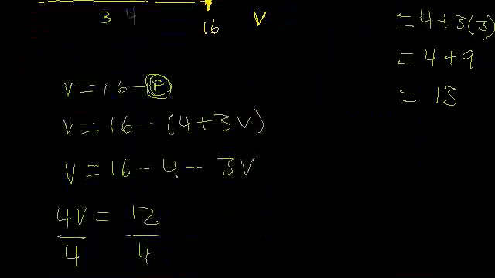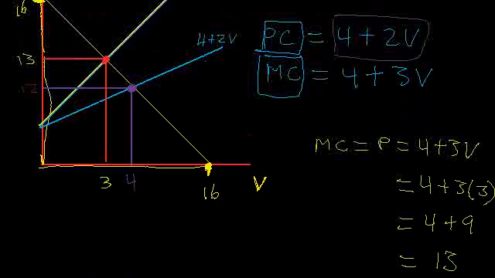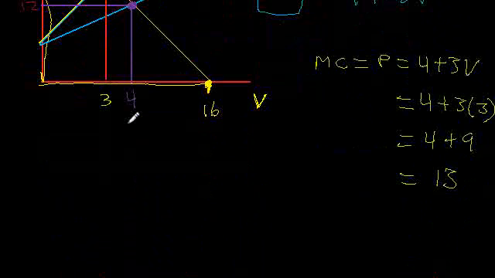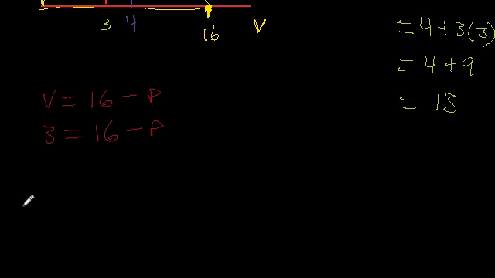And let me just clear some space once again, and I'll show you that you can do it using the other equation as well. So if you have V is equal to 16 minus P, and we know that V at this level is 3, then we can substitute that value in, 16 minus P. And if we add P to both sides, we get P plus 3 is equal to 16.